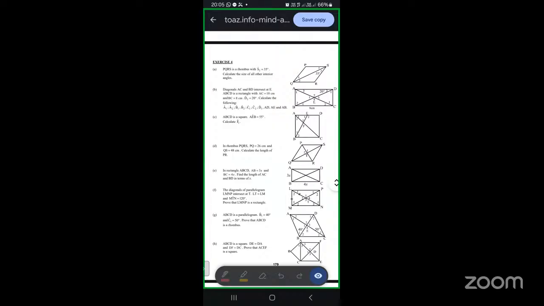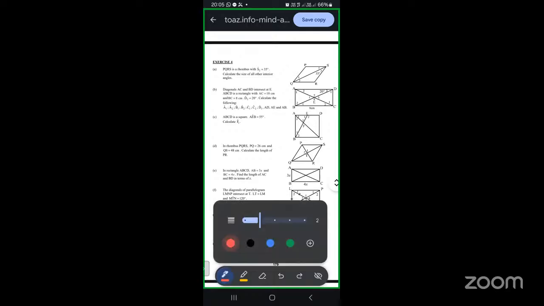Another statement says ABCD is a rectangle with AC is 10 centimeters. We know that diagonals of a rectangle bisect each other.